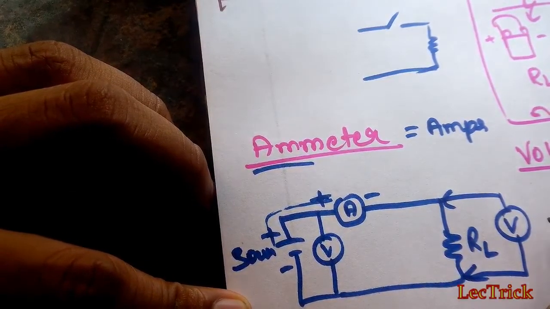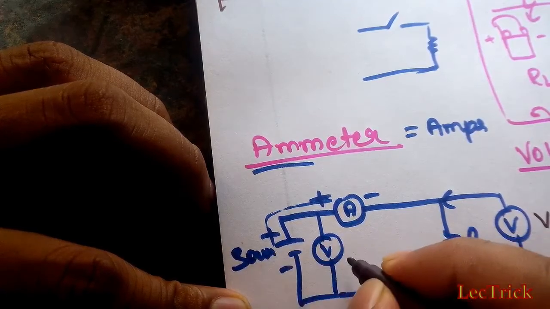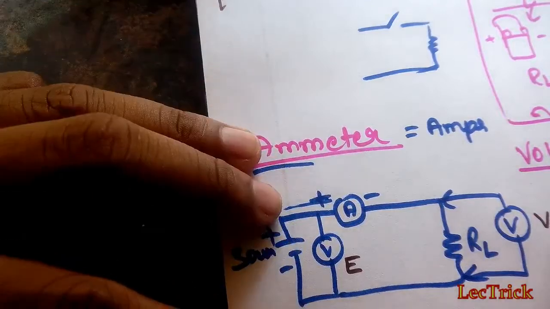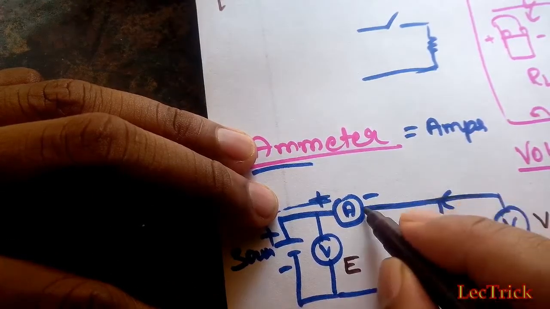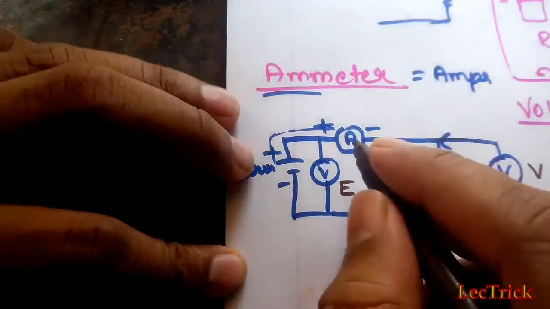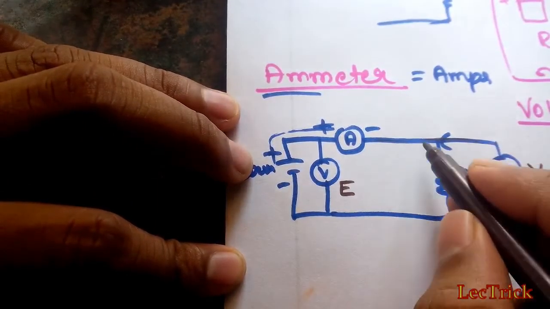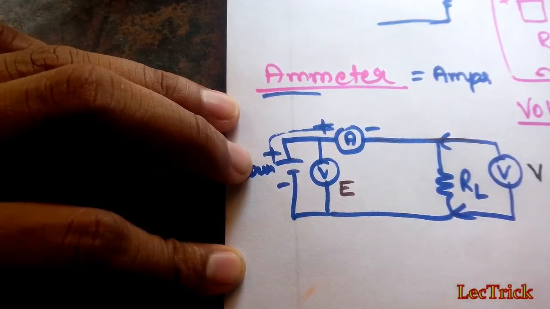How, you may ask? For example, if this is a source, this E is the generated voltage or source voltage. This V is the terminal voltage. If the conducting path has high resistance, it will also consume some amount of power, so the voltage here will be less.